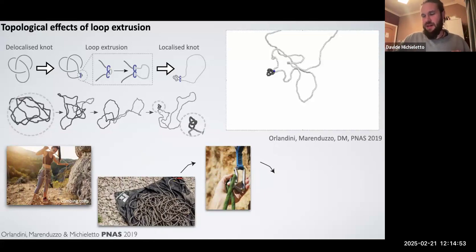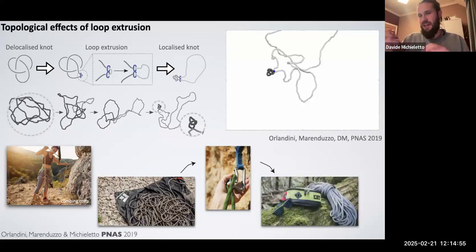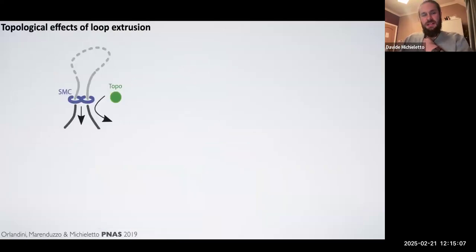By passing it through a carabiner, you localize the knot, and you can undo it more easily than before passing it through the carabiner, because you cannot really see where it is. This is similar in some senses. Once the knot is localized, you can imagine that it's easier for topoisomerase to identify where the knot is and to undo it.